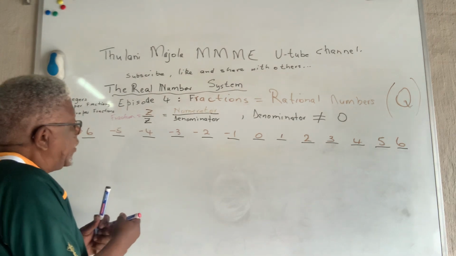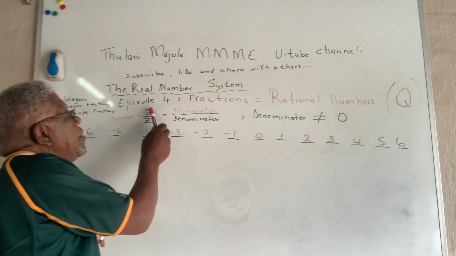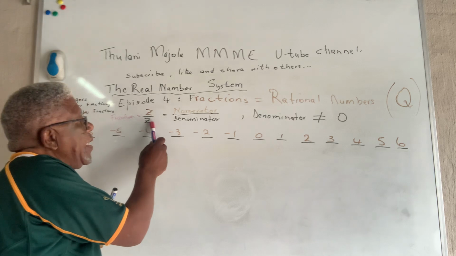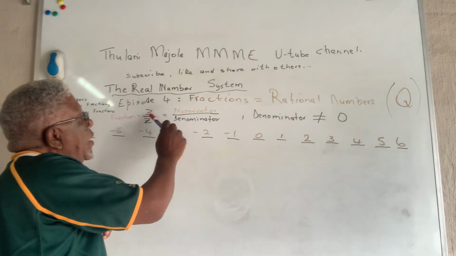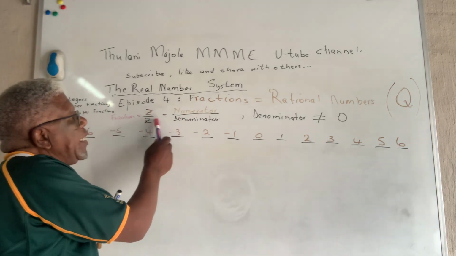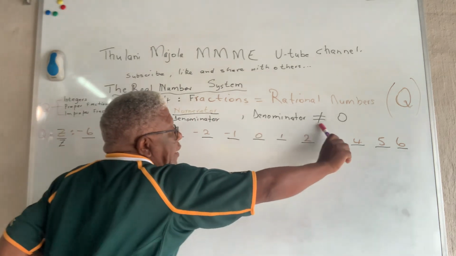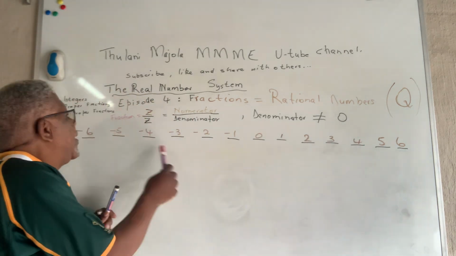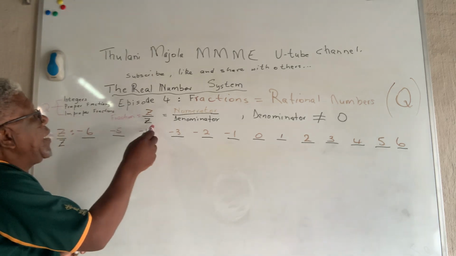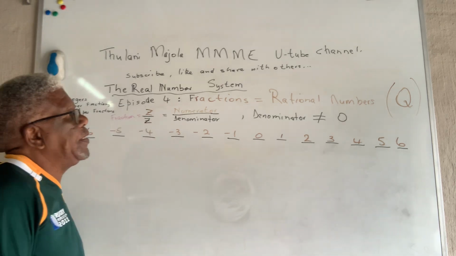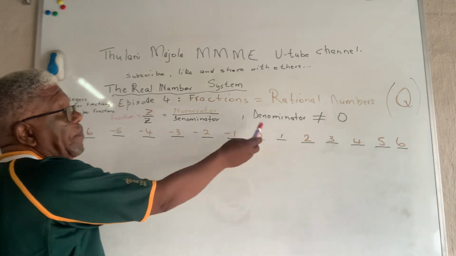But once you divide, it's an integer divided by an integer. We've got the numerator and the denominator, and the denominator can never be 0. So I've got the condition here: denominator can never be 0. In as much as fractions are integer over integer, this denominator can never be 0, because you don't divide by 0 in maths.